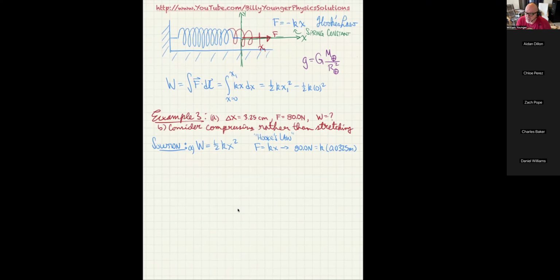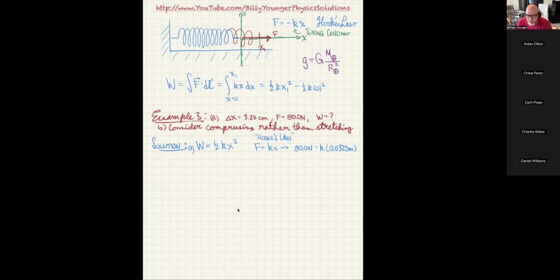This is very typical of spring type problems. They'll give you some information in one line that tells you enough to figure out what k is. It's usually when you apply this force, the spring compresses this much, or when you apply this force, the spring stretches this much. That allows you to get k, just like I just did. All I have to do now is solve for k.